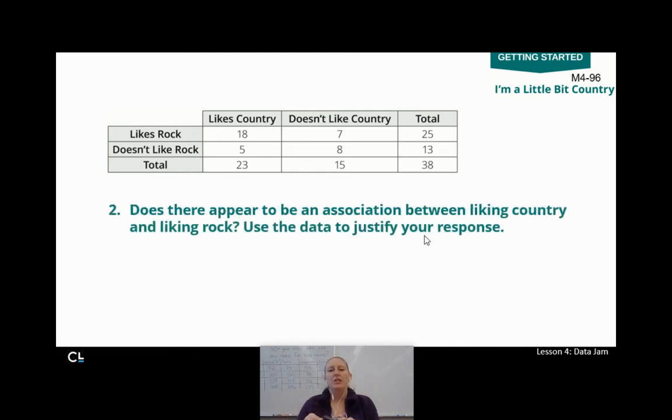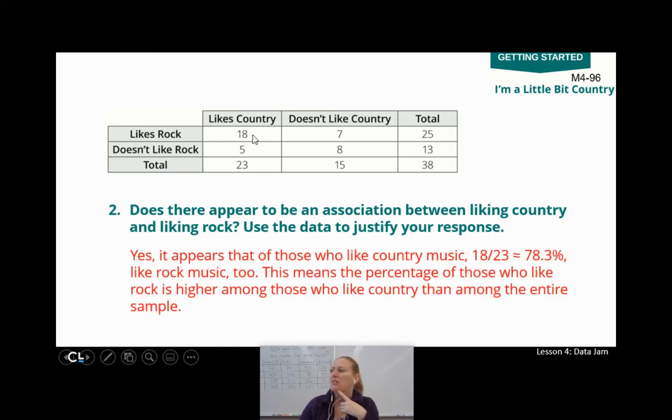Does there appear to be an association between liking country and liking rock? Well, if they liked country, it does seem that they liked rock. It does appear that there's an association. But of those who like country music, a lot of them like rock music as well, right? Like country and they like rock.